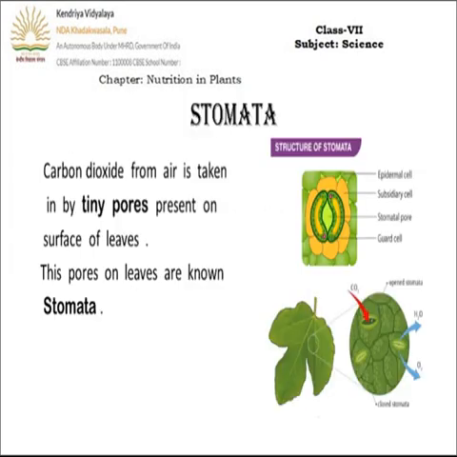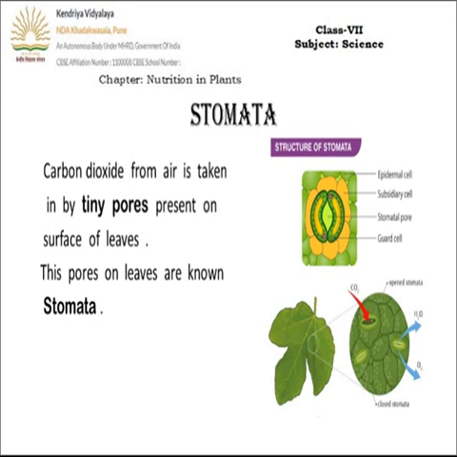Some of the terms which are related to the next main process: the first one we have to discuss is stomata. You might have heard the word stomata. You have on your screen the picture of a stomata also. Here you can see green colored cells, which are labeled as guard cells.